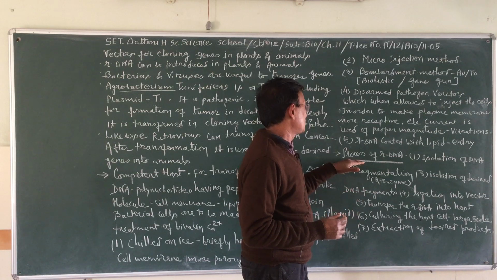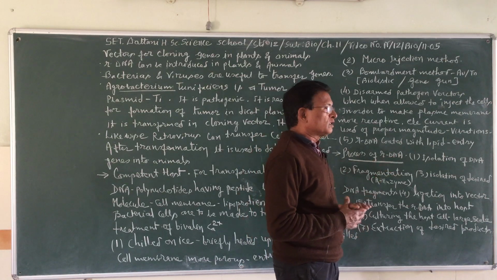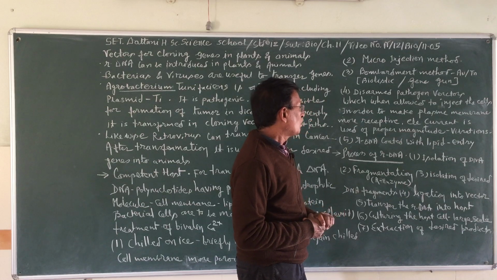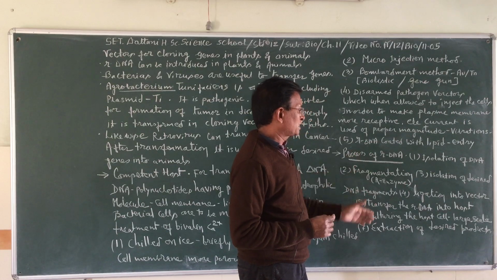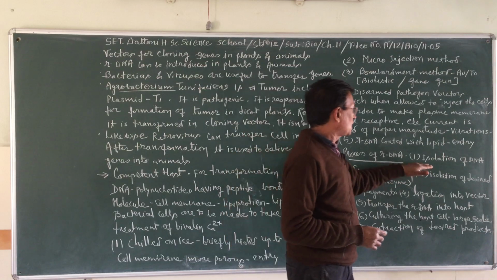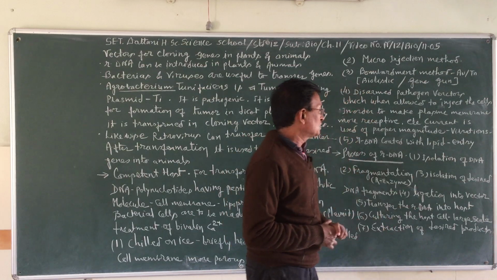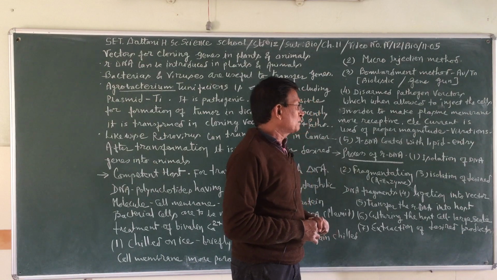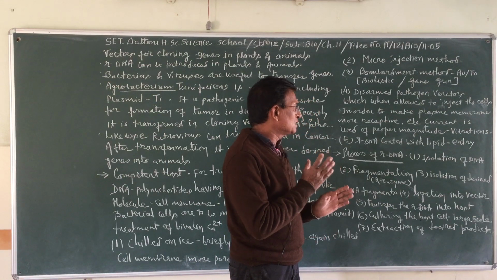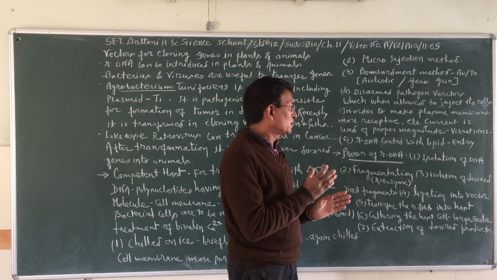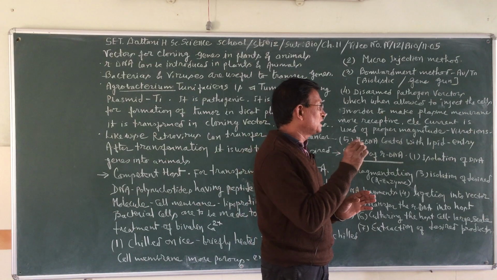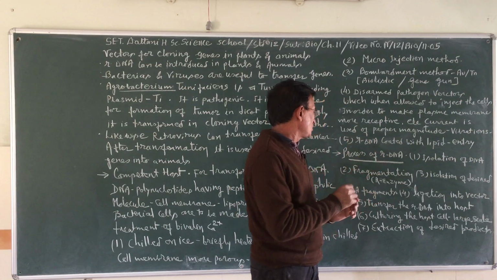Now let us see the process of rDNA. The rDNA, that is recombinant DNA, is to be made in which way? There are certain steps which are to be studied. First of all, the isolation of DNA. For that purpose, isolation of a certain DNA strand is to be made.